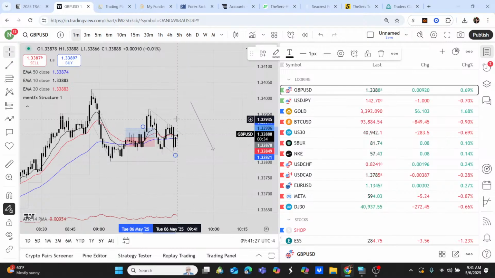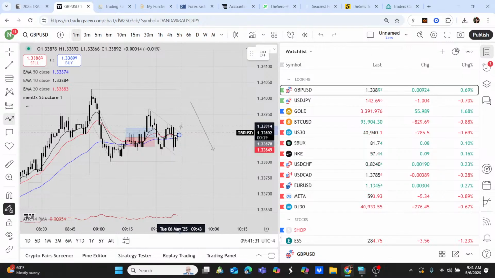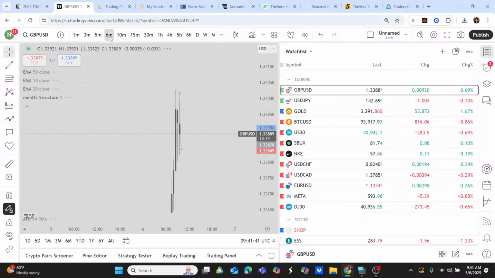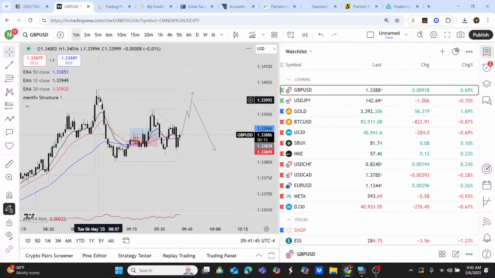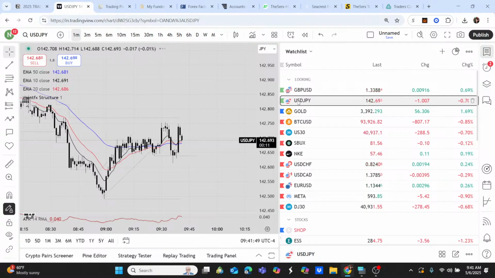If price wanted to make a setup, I'll probably need it to make a clear move out of this area.